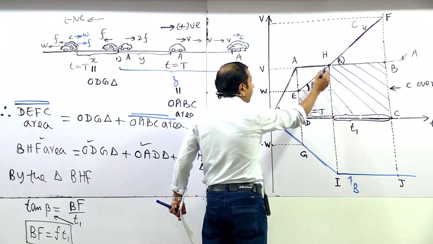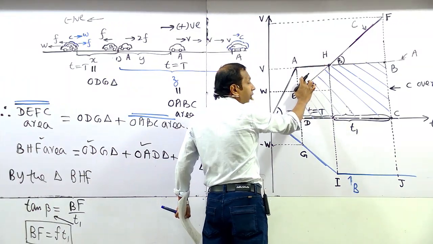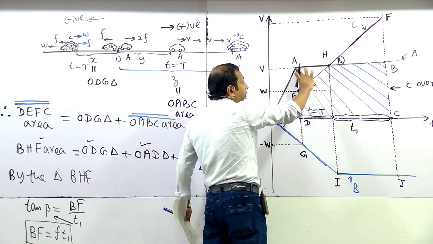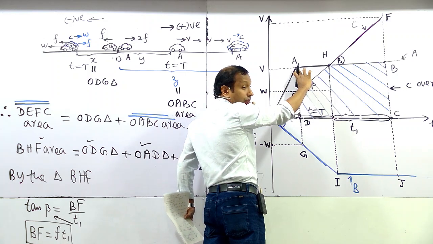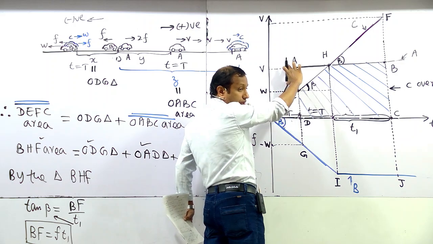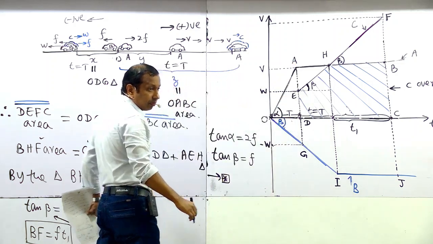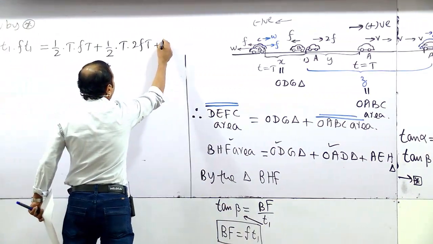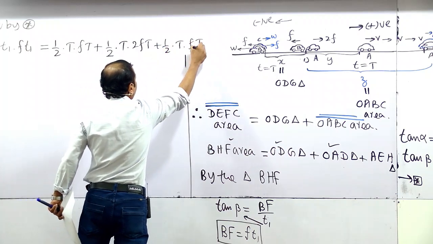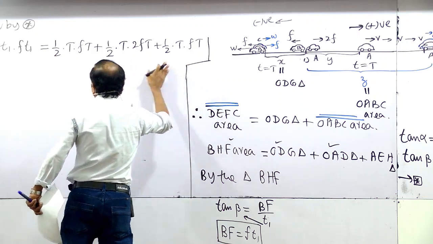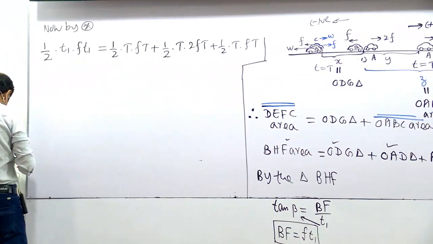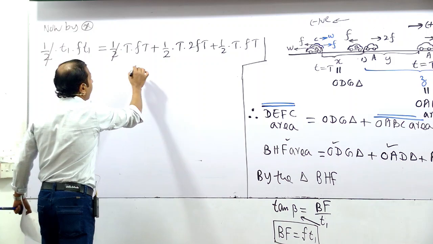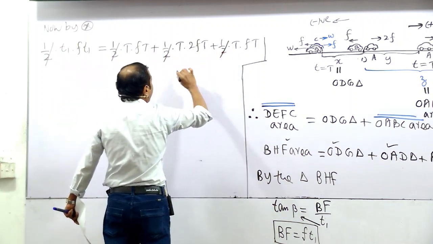Half, base is T. Perpendicular height is this. What is that? This is 2FT, and this is FT, then this is FT. Am I correct? Yes. AEH: half base into FT. People, now simplify this and find T1. You can cancel down this half, and you can cancel down this.